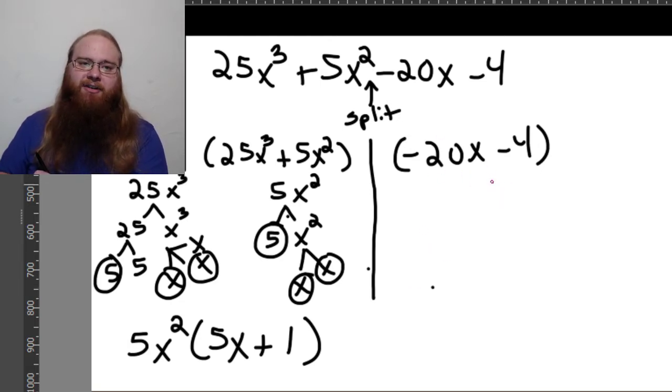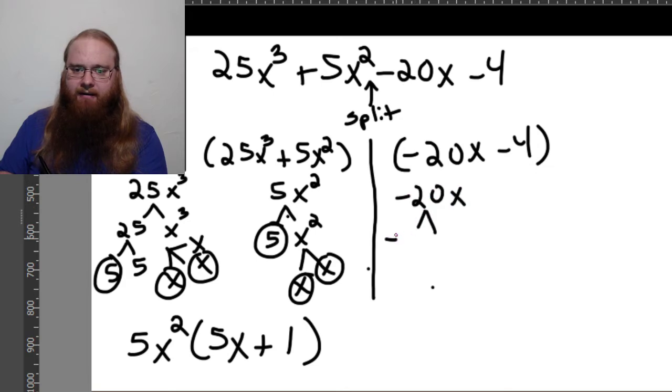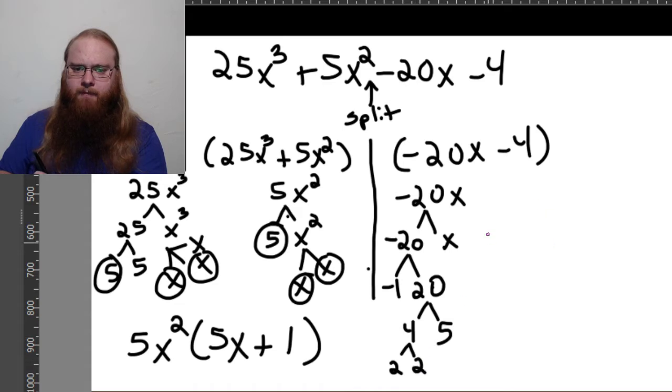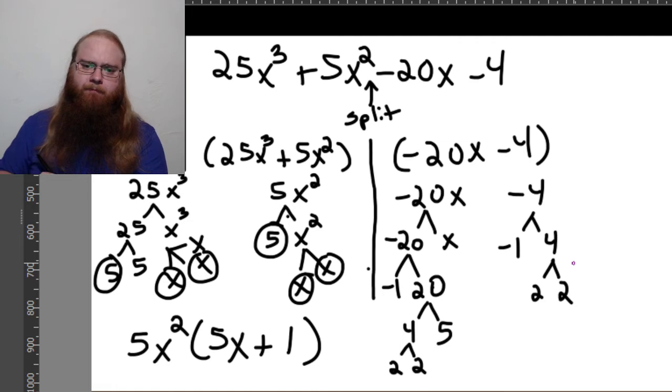So let's go ahead and factor the second one. In the second one, they both have negatives. So we're going to go ahead and factor these out, remembering we have to factor out that negative. So we'll split up negative 20 and x, and from negative 20 we'll split this up to negative 1 and 20. Factor 20 is 4 and 5, and 4 becomes 2 and 2. Over here, negative 4 doesn't have a variable with it, so we're just going to start off by splitting up the negative 1 and the 4, and factoring the 4 to 2 and 2.